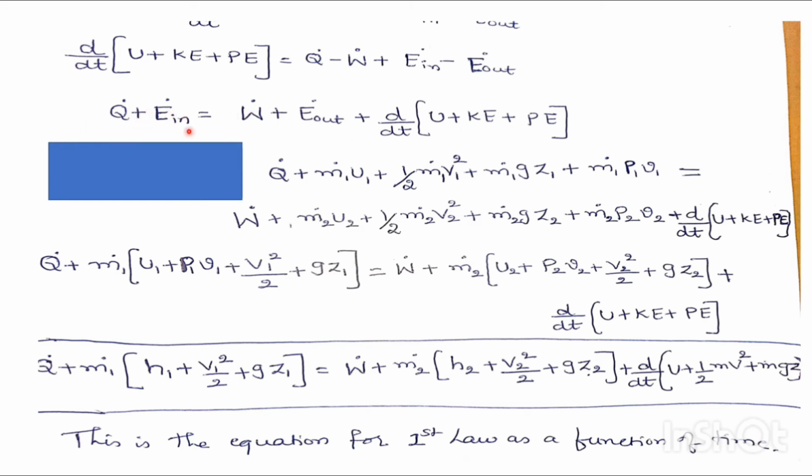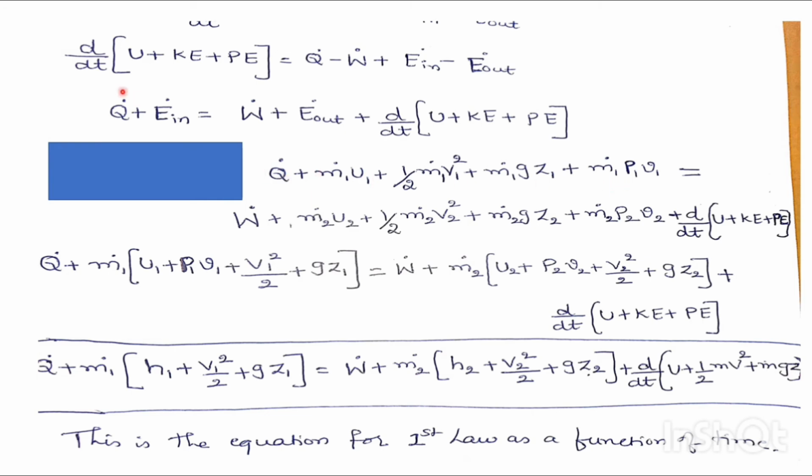Now Q dot, this E_in dot, indicates the total energy entering the system. It is nothing but internal energy plus kinetic energy plus potential energy, plus flow work. Flow work also we have to add here, because mass is entering the system.